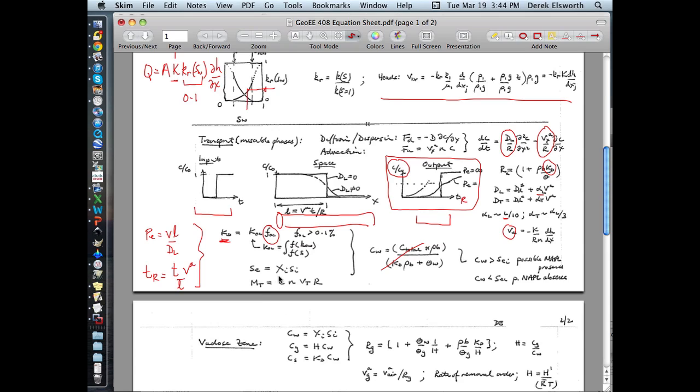When we had multiple solutes, we had to use Raoult's law to look at the relative affinity of these multiple solutes to get the effective solubility of those. And we could also calculate the mass of contaminant that was present in an aquifer as a function of the concentration in the plume, the volume of the plume, the porosity of the aquifer, and also the retardation coefficient.